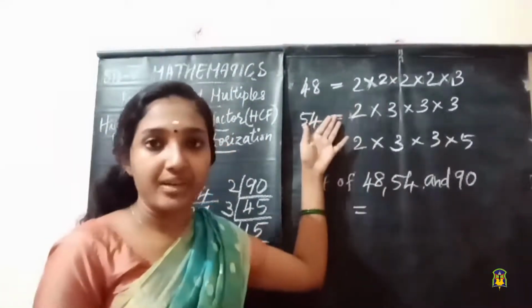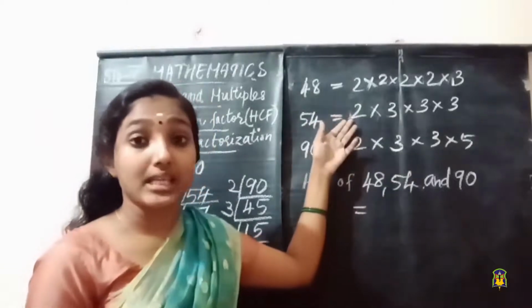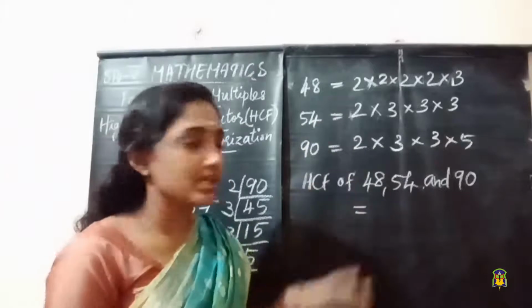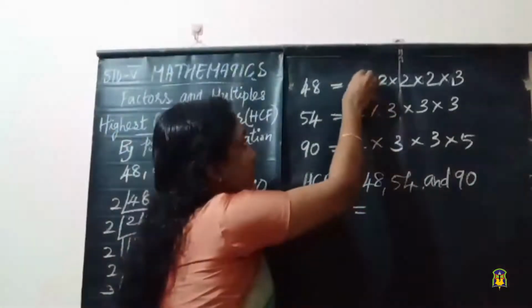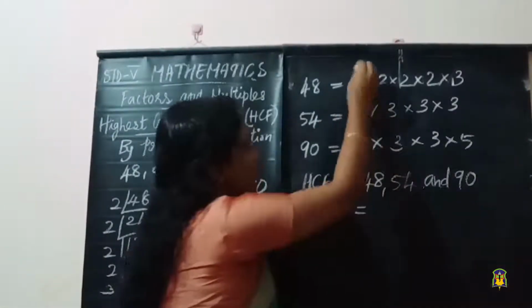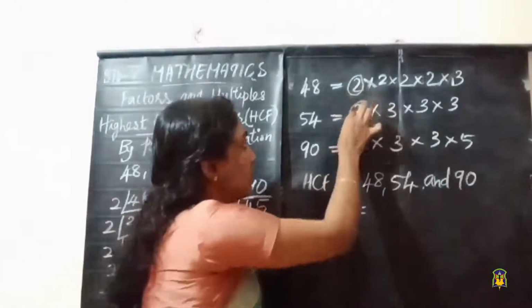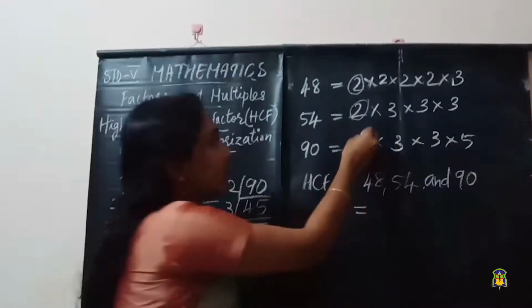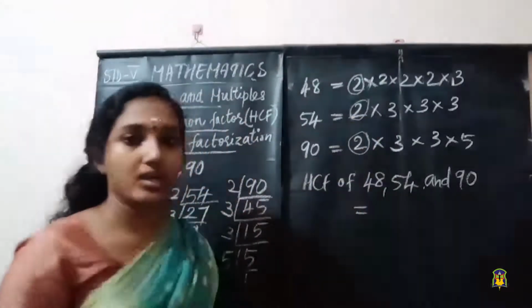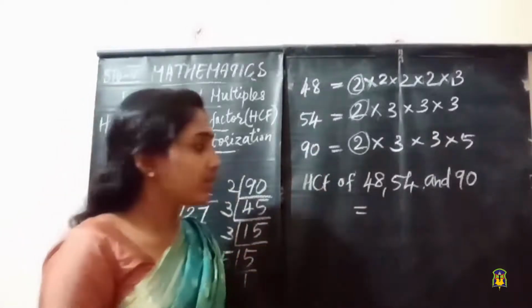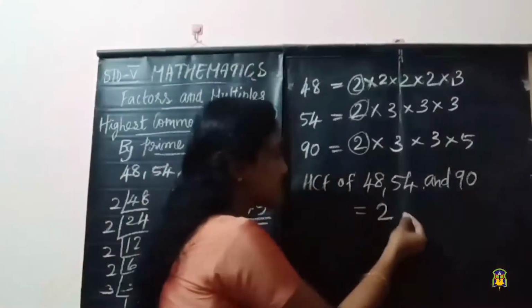We will look at the prime factors and see which are the common factors for these three numbers. Look here, for 48 we can find a 2, and also there is a 2 in 54, and in 90 we can also see a 2. So 2 is common for the three numbers.